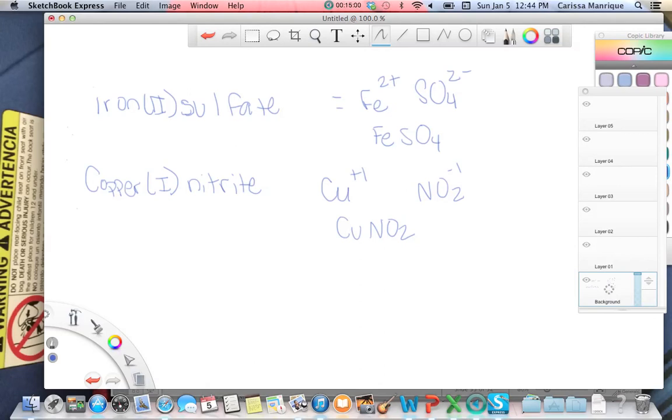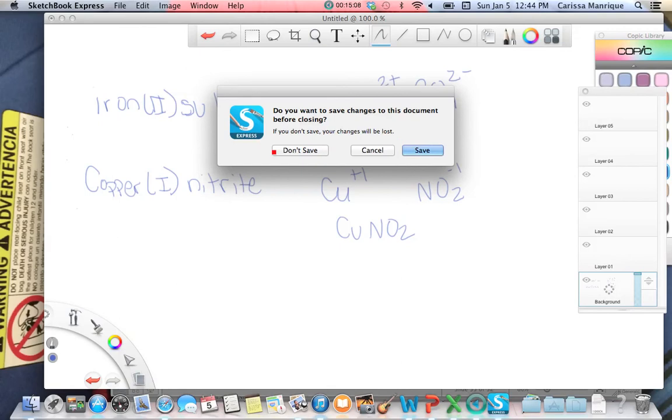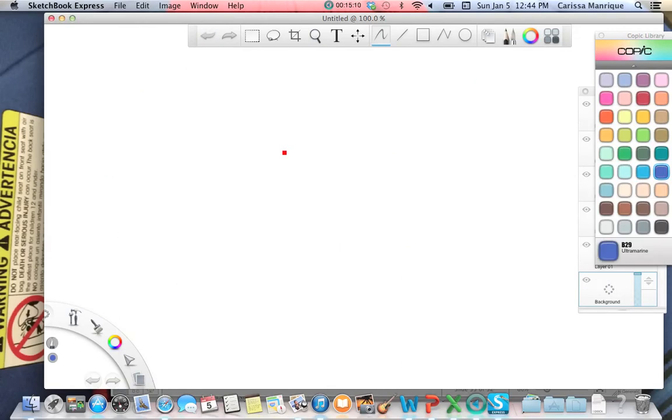Let's go the opposite way. So let's see if we can figure out. So just kind of use what you know. Okay, so if I gave you FeSO4, okay, now let's look on here. We need to decide, is this a main group or a transition metal?